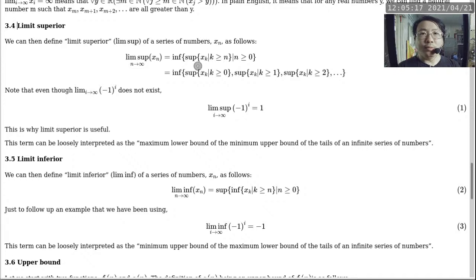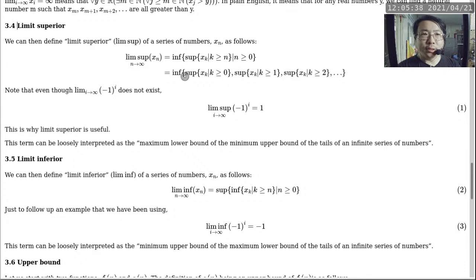So that means the set where we are taking the supremum would consist of x_n, x_(n+1), x_(n+2), x_(n+3), and so on. And it keeps going and going. Okay.